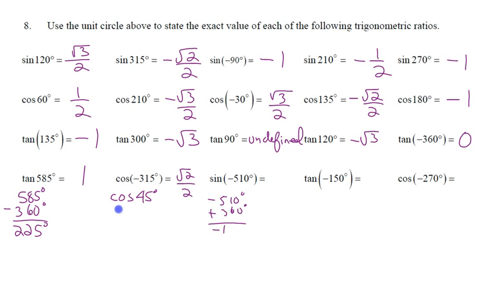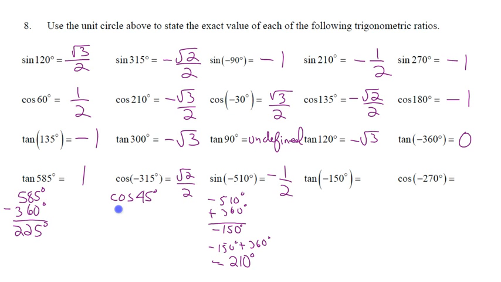Negative 150. Still negative, so let's add 360 again. What do we get? 210. So the sine of negative 510 is the same as the sine of 210, which is the negative of sine 30, which is negative a half.